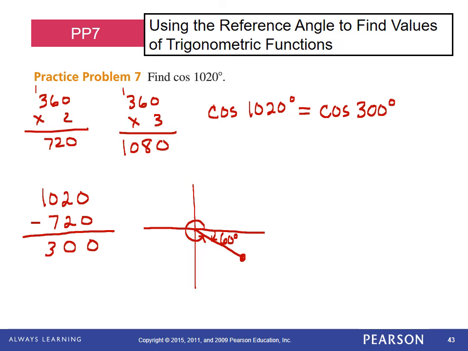Remember how we said the angle measurement doesn't matter? It's always going to be the same no matter what. So here it is. Because cosine is positive in quadrant 4, cosine of 300 is the same thing as cosine of 60.